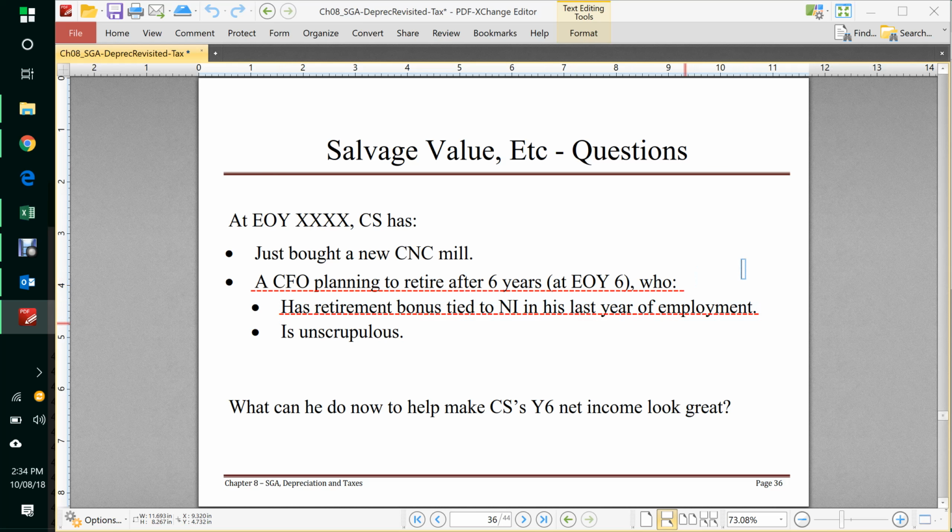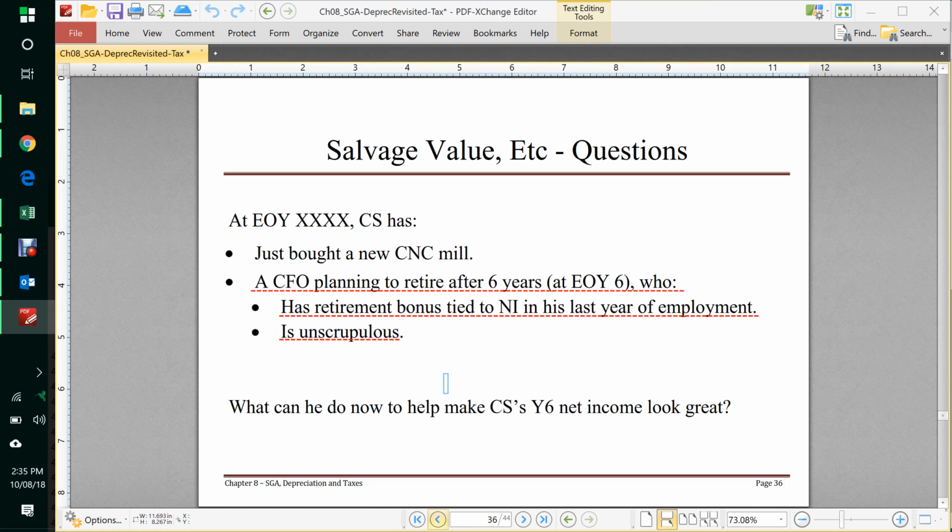This is not uncommon, especially for state and city employees. That's why they have so much overtime in their last year of employment. And let's also say that this CFO is unscrupulous.